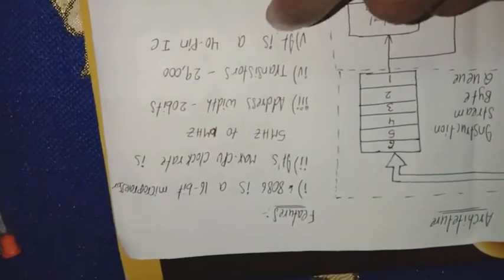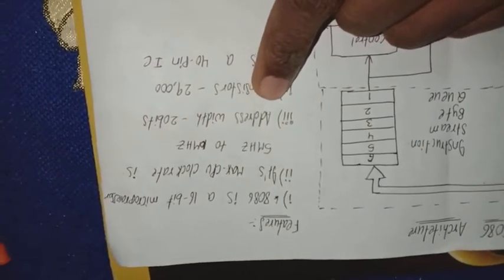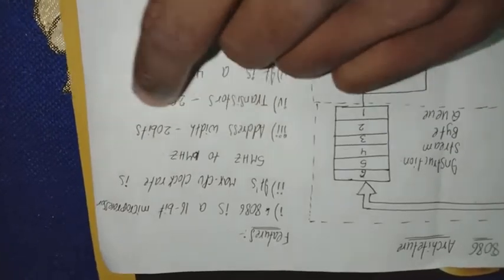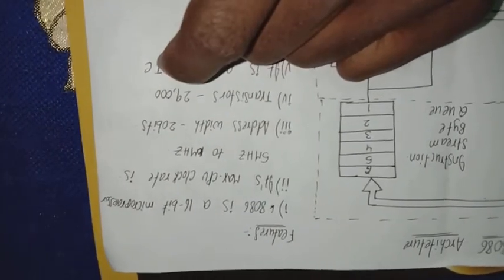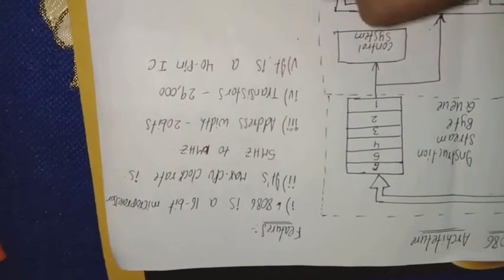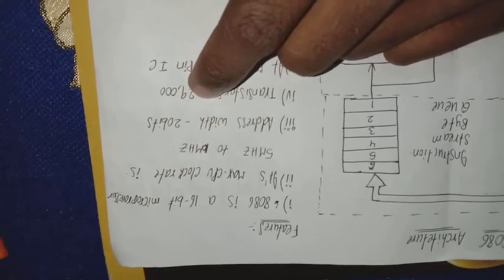And next, the address which can be given by 8086 is 20 bits, meaning it can address 2 power 20 locations.